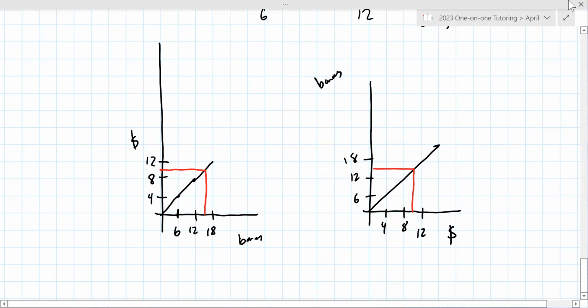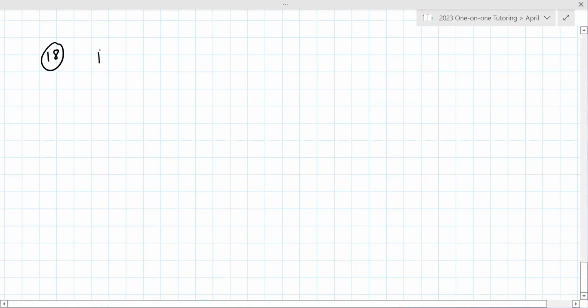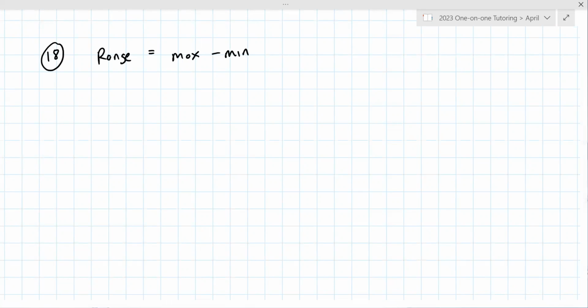That's okay. Let's move on here. We got plenty of other stuff to cover. For 18, there's another formula that you need. 18 is the range. Range is the max minus the min. Let me grab a question here for you to find the range. Sorry, none of these actually have any. I'll just make it up.